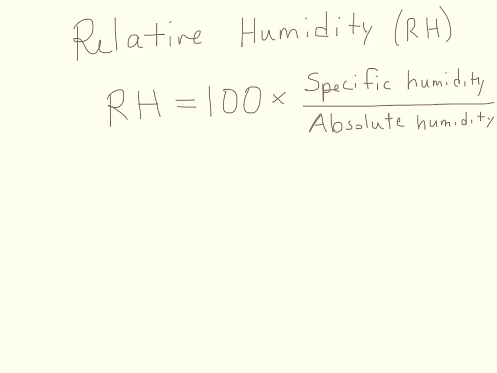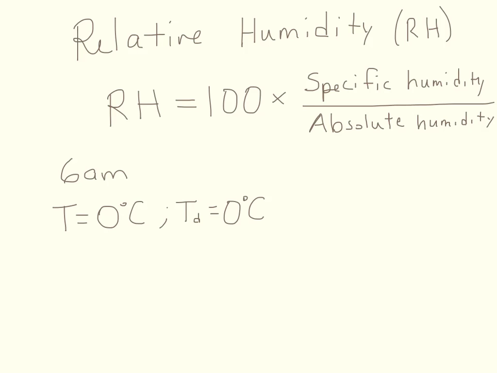So at night, let's just say this is actually at 6 a.m., what we would find is that we had a temperature equal to 0 degrees Celsius, and we also had a dew point temperature, which I'll abbreviate here as TD, equal to 0 degrees Celsius.